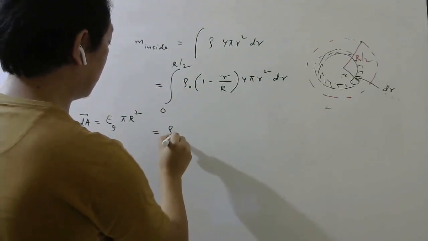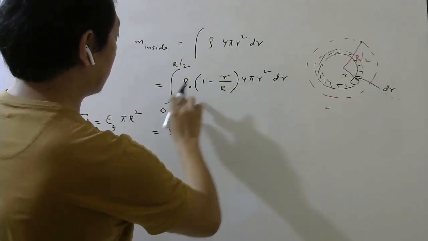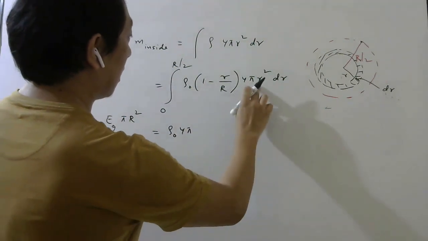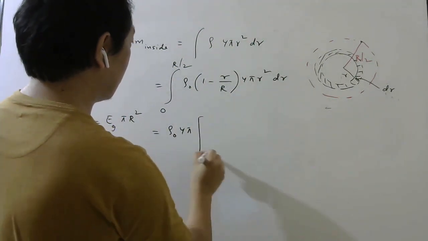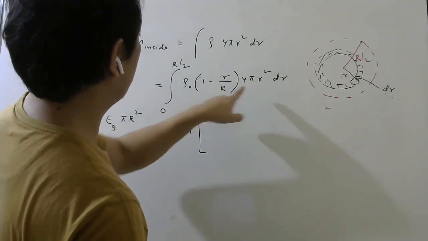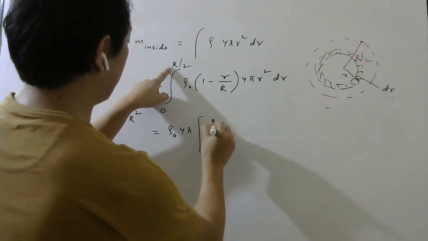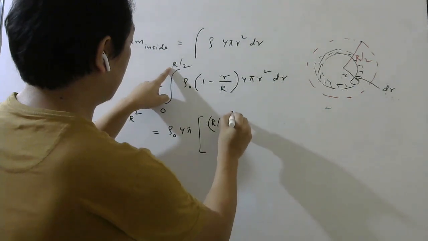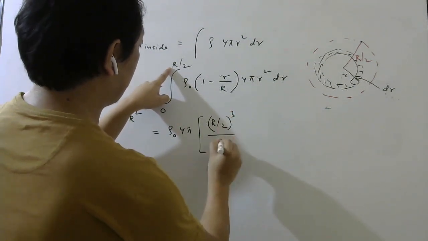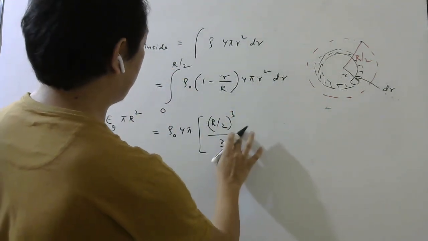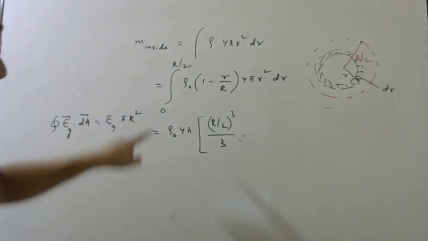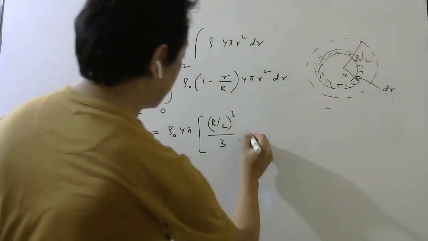Rho naught is constant, 4 pi is constant, take it outside. So integrate 1 into r square dr. It will be r cube by 3. Put the upper limit, so (r by 2) cube by 3. The lower limit is 0, no need to write. Then minus.